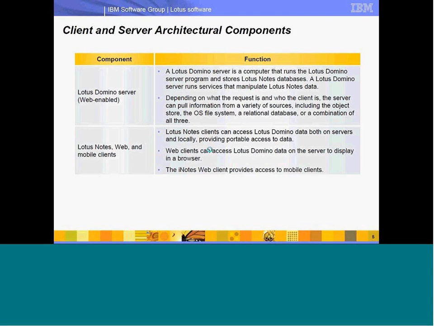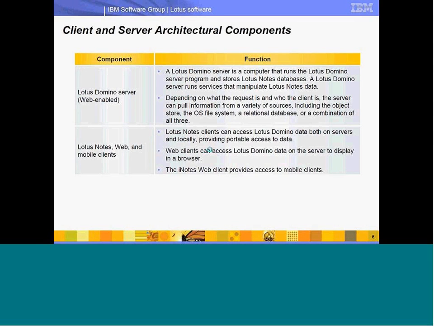Coming back to the clients, this is one of the components. We have a Lotus Notes client. We talked about all these things. We have a web client. When I talk about the web client, in Domino 7 version onwards, the web client we call iNotes.